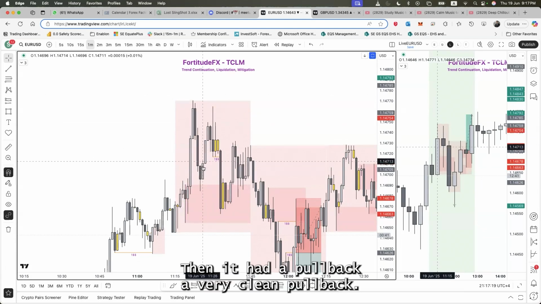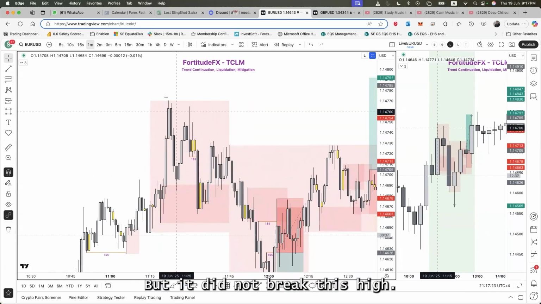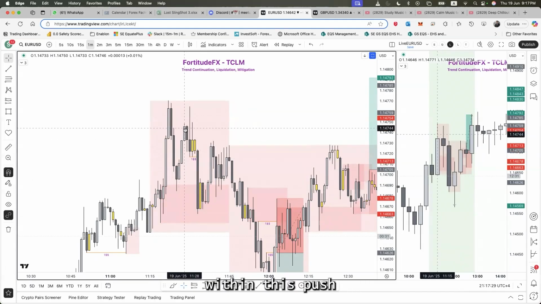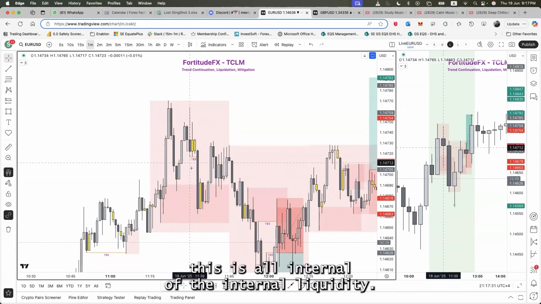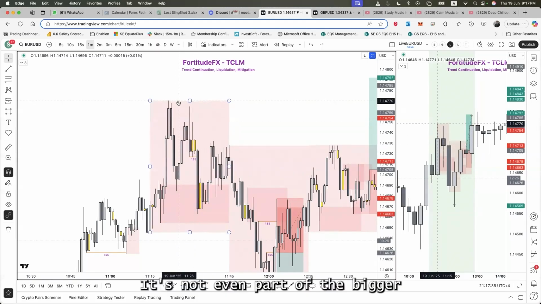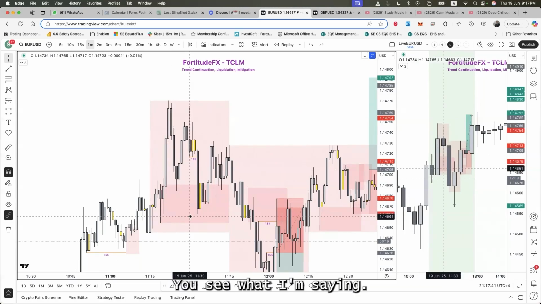Then it had a pullback, a very clean pullback, and then it pushed up, but it did not break this high. So when you start pulling back within this push, this is all internal liquidity. It's not even part of the bigger fractal structure because you're within the range of the bigger fractal structure. You see what I'm saying?